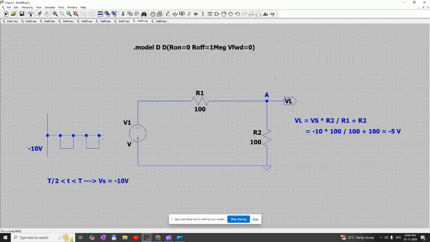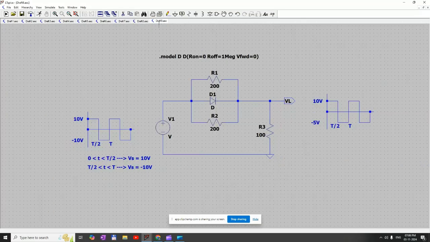So the input voltage is 10 volt, and we are going to measure across the resistor R2. The value of resistor R2 is 100 ohm, divided by R1 plus R2, so finally we are getting minus 5 volt.